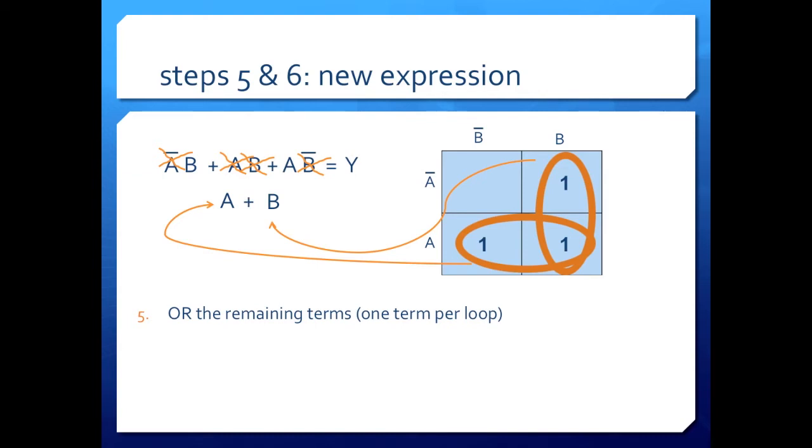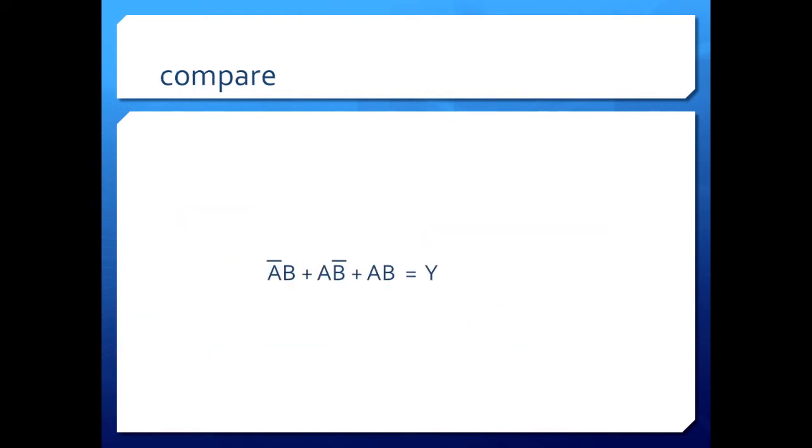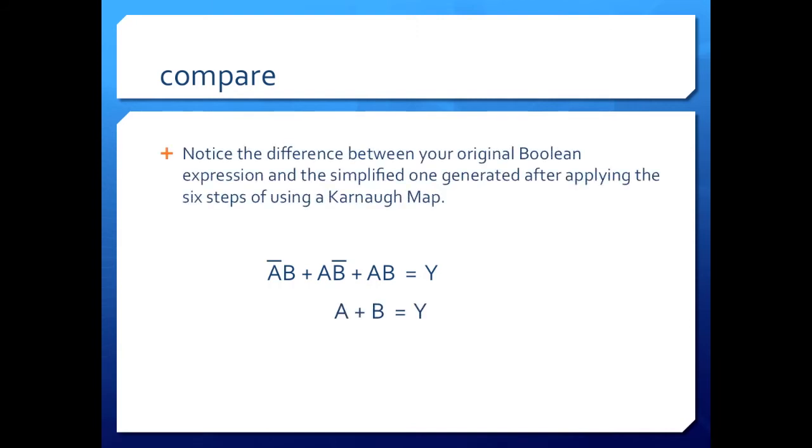We OR them together because we have 2 loops, and then we simply add our output, which results in our simplified sum of products expression. So if we compare our original expression to our new expression, you can see that we in fact have applied those simplification rules, and we've proven that Karnaugh mapping actually works using those 6 steps.